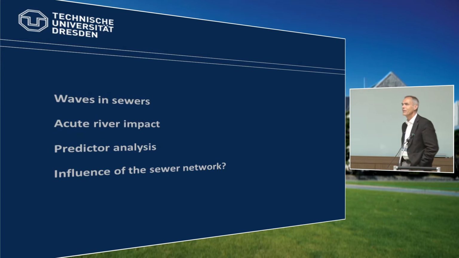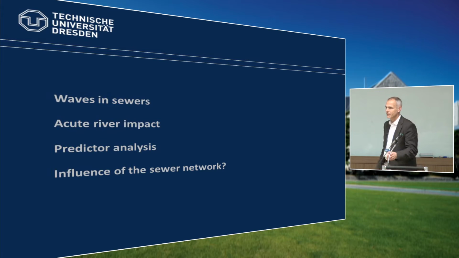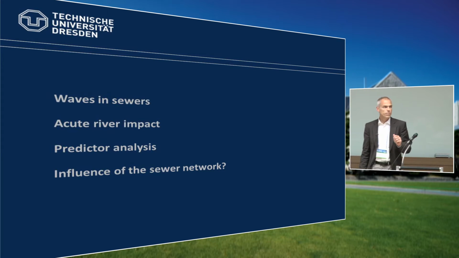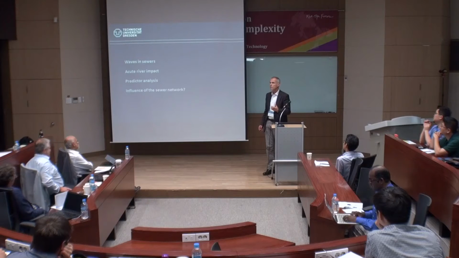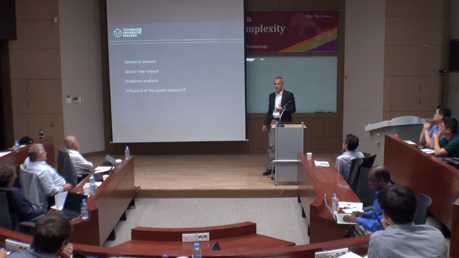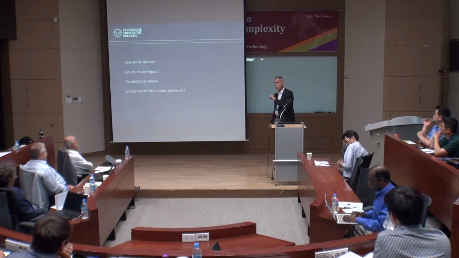So, we will talk about waves in sewers. Why waves in sewers? We will get to it quite soon. Then look at what we have done a couple of years ago when we were interested in how we cause acute impacts to receiving waters from combined sewer overflows.